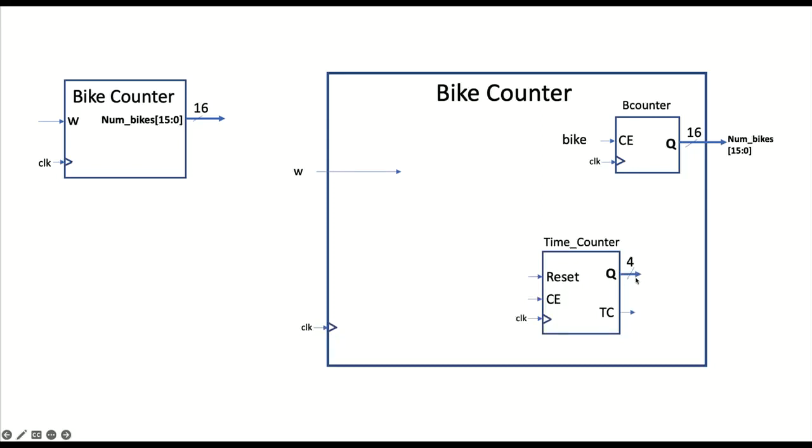It can just go all the way to 15. And basically, since we're going to reset it to 0 on the first clock edge and then count up, on the 16th clock edge, TC will go high. So that will be our signal. Hey, this is the last clock cycle if this is going to be a bike.